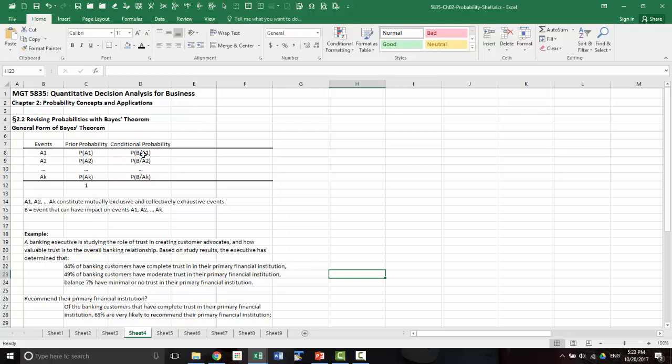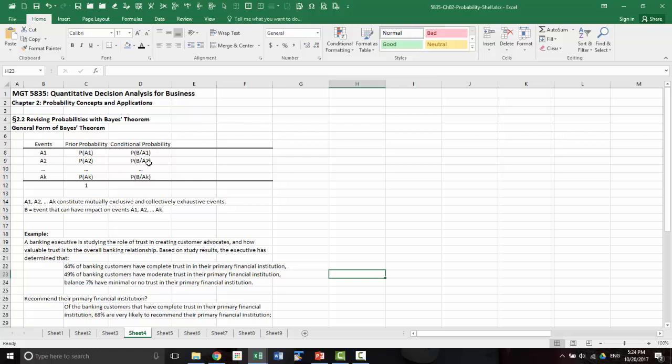Let's say B stands for good credit score. So now you look at the probabilities: good credit score among bad risk, good credit score among moderate risk, good credit score among good risk. So these are the conditional probabilities.